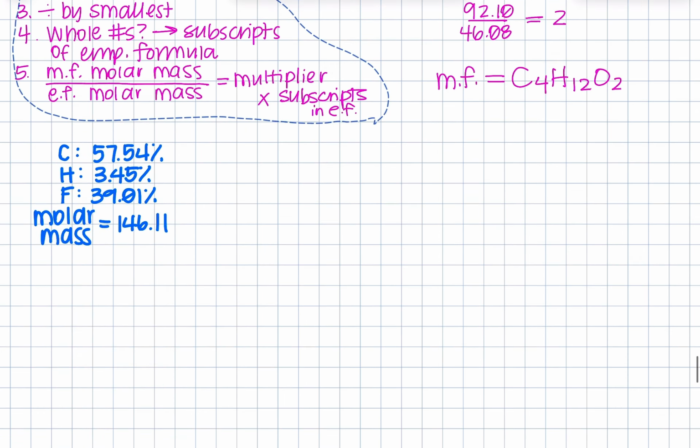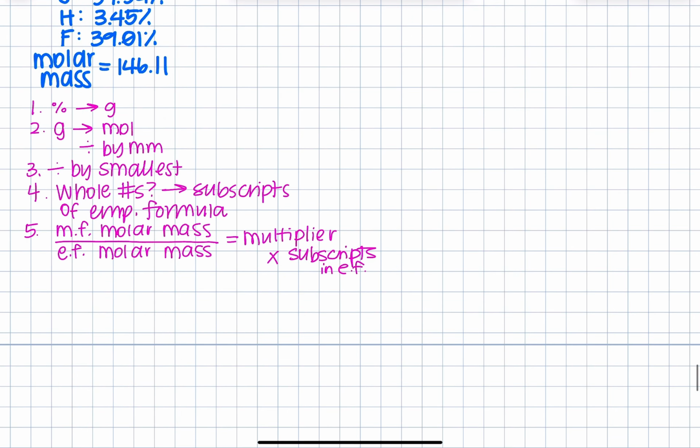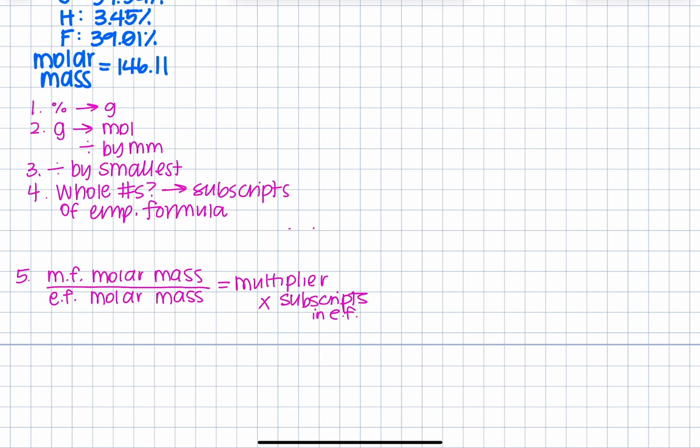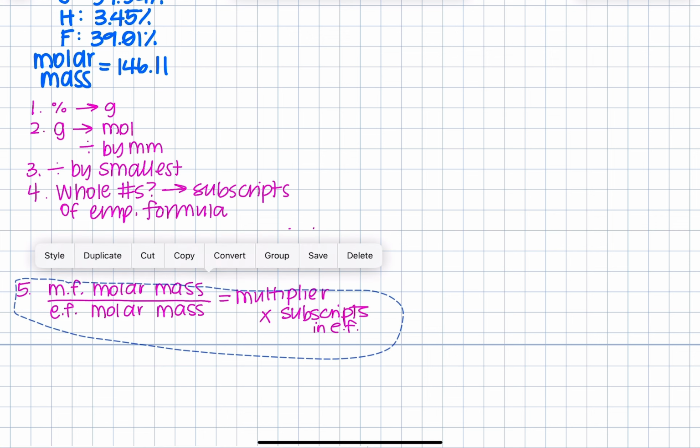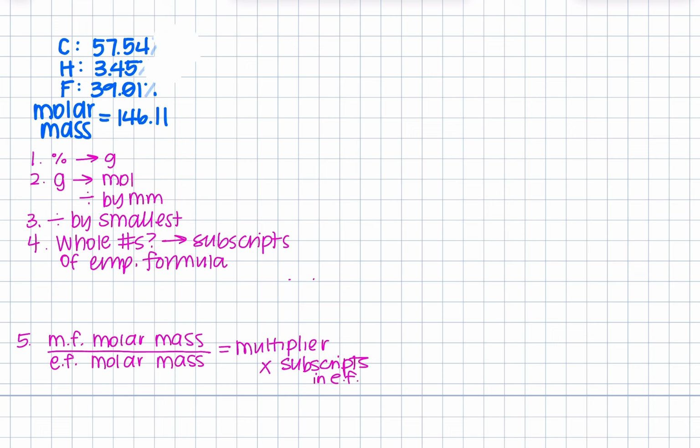So let's follow along. I'm just going to bring my little steps down here, but I'm actually going to make some space because we're going to have to add a little something in here. Here I've got carbon, hydrogen, and fluorine instead of oxygen. I'm going to do the same thing. I'm going to make sure that they are all in grams by pretending that they were just given to us in grams.